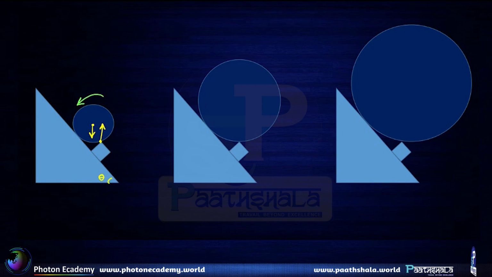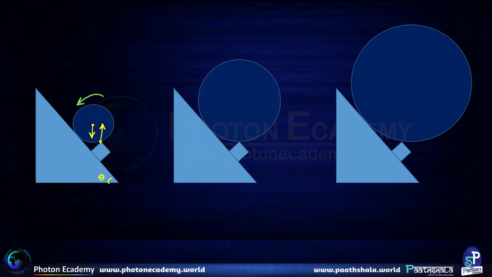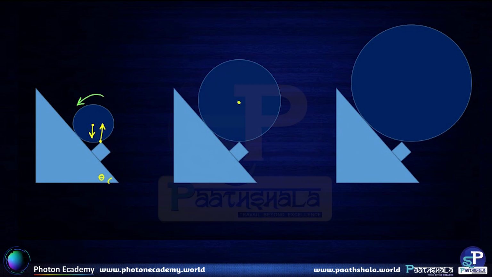Now, in the second case, we can see that the center of mass is just above the critical point, exactly above it.